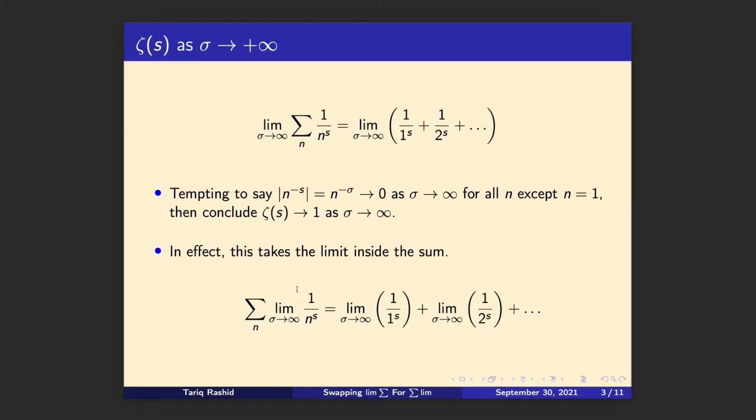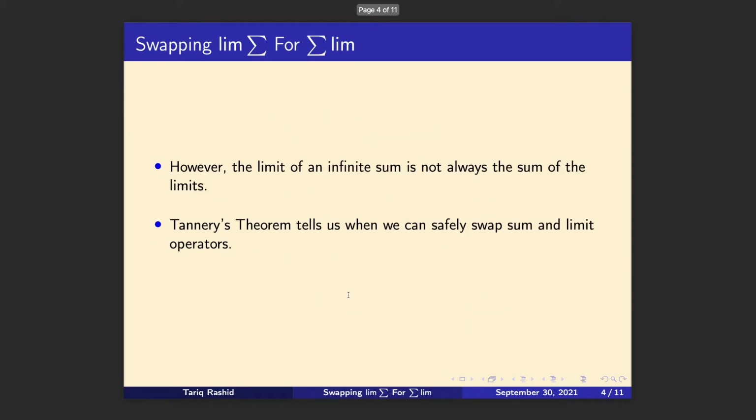Now that might feel intuitively correct, but actually it's only always true for finite sums. It's not always true for infinite sums, and therefore we have to justify it. So it felt correct and easy, but to be proper, we have to explain why we were allowed to do that, and we didn't do that last time, so we're going to do that today.